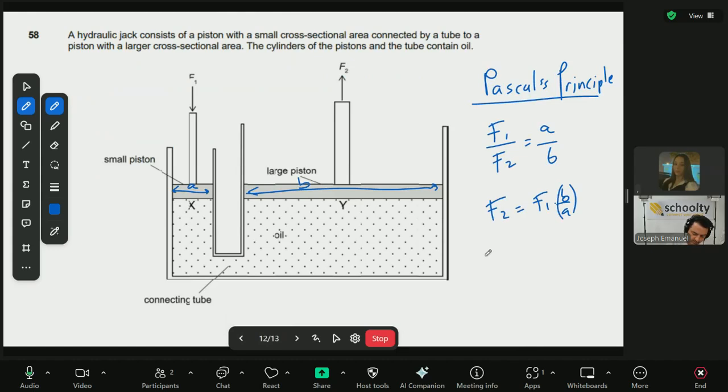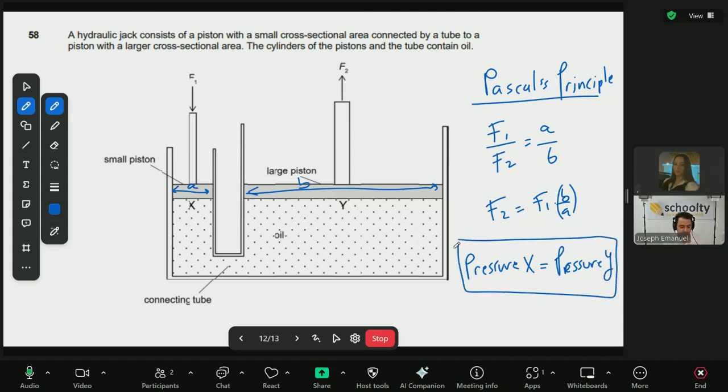So actually Pascal's law says that the pressure on X equals the pressure on Y. That's why we have a different force, because the area is bigger. So the difference of force will be different.